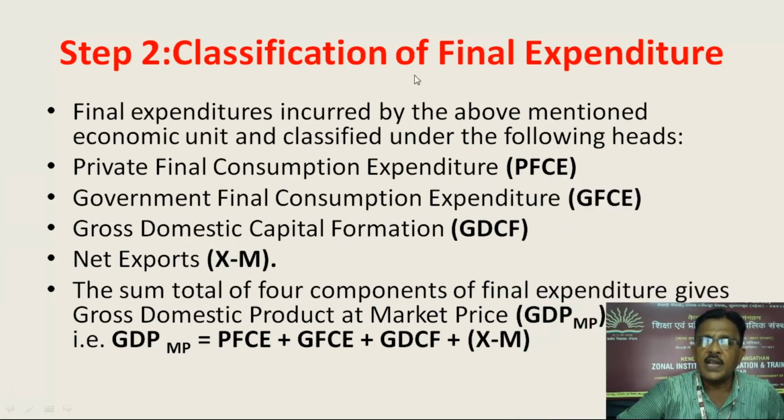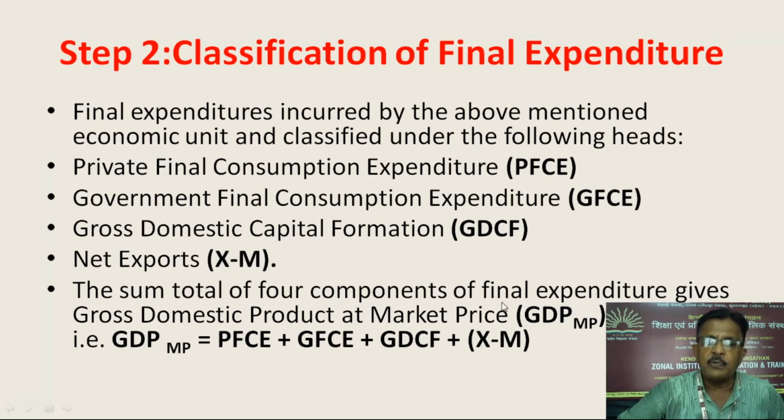classify the final expenditure. Final expenditure incurred by the above mentioned economic units, that is household, government, producing sector and the rest of the world sector, can be classified under the following heads, that is private final consumption expenditure, PFCE, government final consumption expenditure, GFCE, gross domestic capital formation, GDCF, and net exports, that is X minus M or exports minus imports.